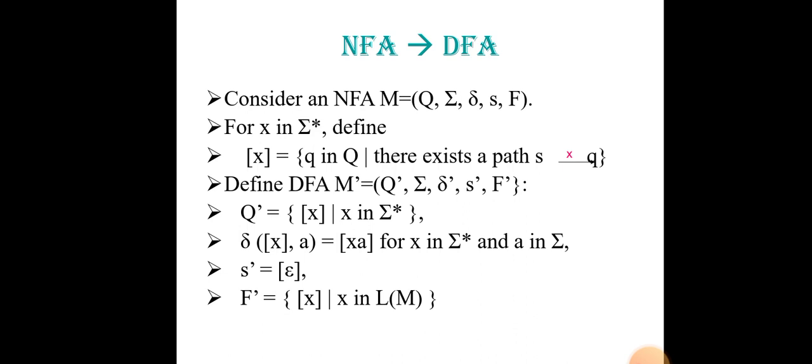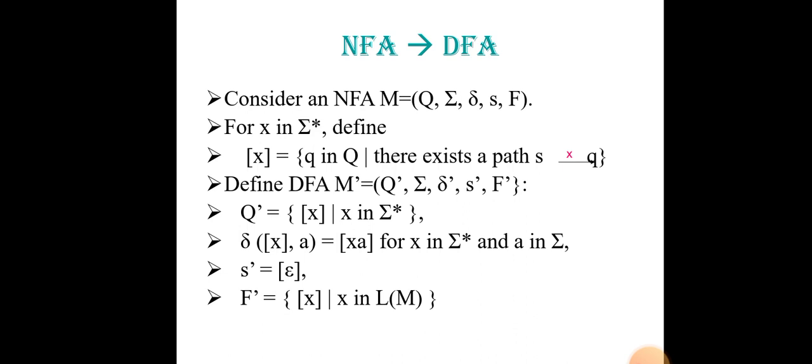So define a DFA from all the 5 tuples: the states Q, the symbols, the transitions, the states q0, q1, q2 up to qn, and F, the final states.